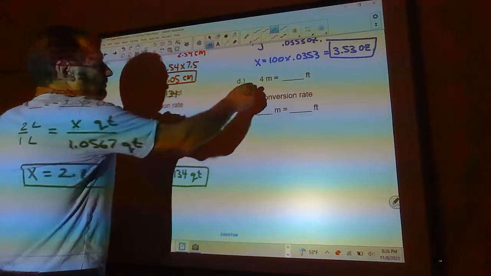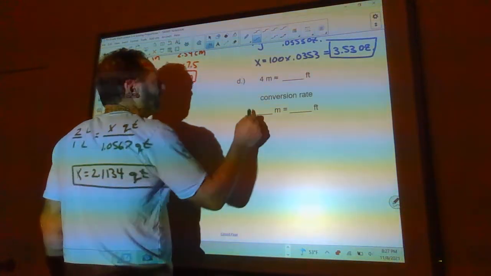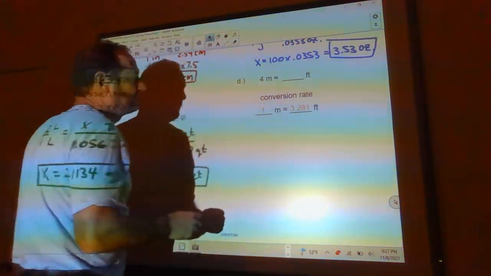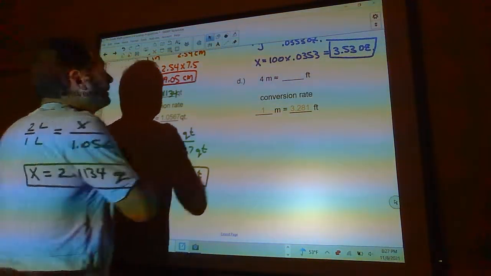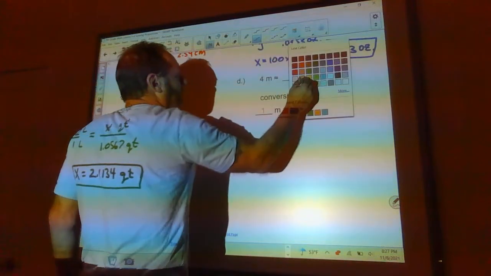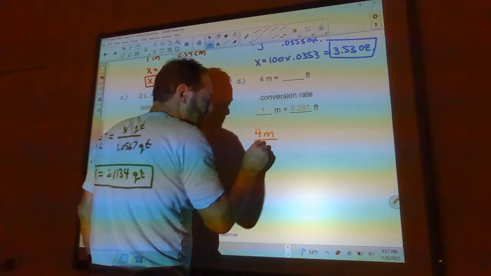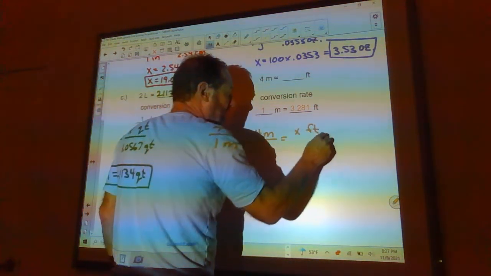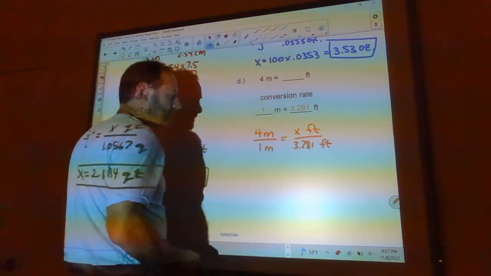Okay, our last one. 4 meters is how many feet? So I get my conversion formula. 1 meter is 3.281 feet. All right, so 4 meters is to 1 meter as x feet is to 3.281 feet.